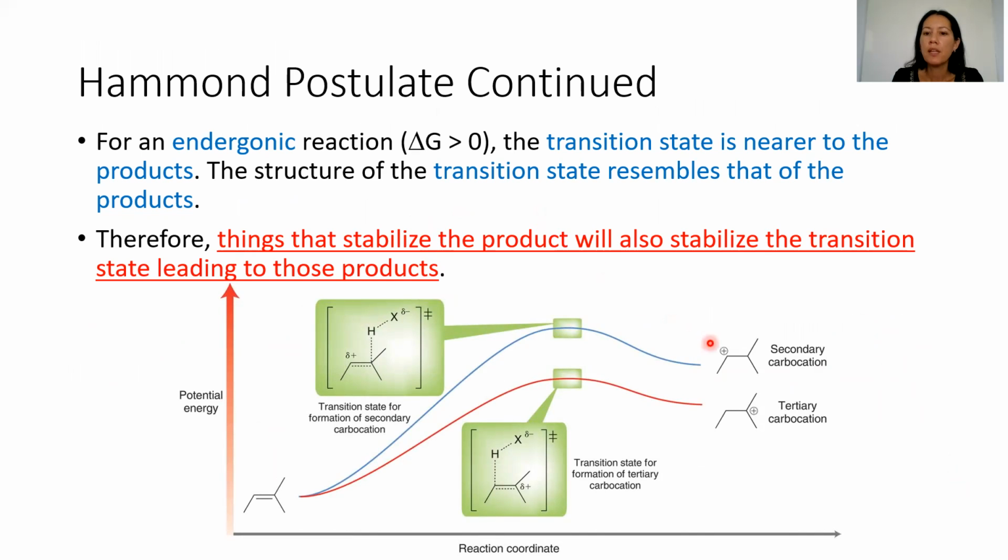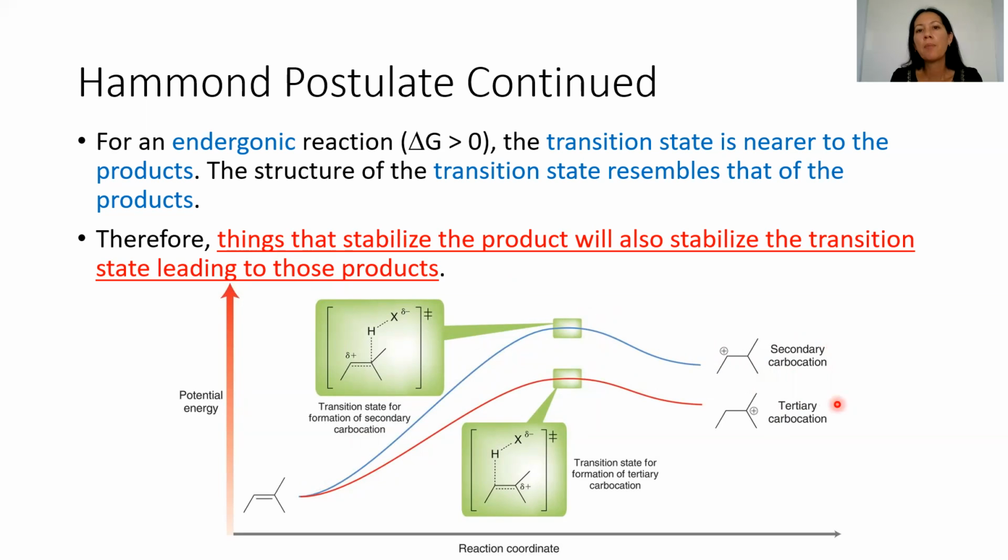So basically, the carbocations are higher in energy and closely resemble the transition state. Remember, this transition state is something in between, but it'll more closely resemble these. So the whole point of this is underlined here. Things that stabilize the product, the carbocation, will also stabilize the transition state leading up to those products.